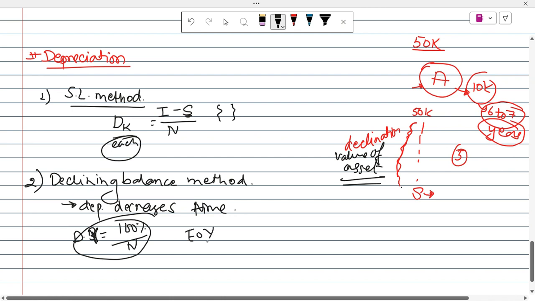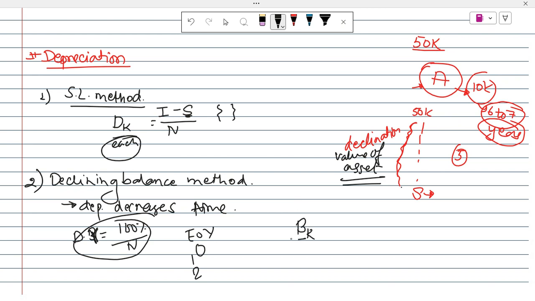At the end of year 0, the end of year 1, the end of year 2, we have the value of the amount, bk, and our depreciation amount, db. At year 0 the depreciation is 0 and the value is 100k, assume this value. Suppose the life is 5 years, so this is our 20%.